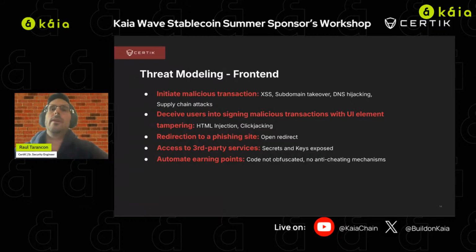This can be achieved with an open redirect vulnerability. The fourth threat is access to third-party services. So this refers to exposing secrets and keys, or another kind of credential in the front end, so everyone can recover this sensitive information.